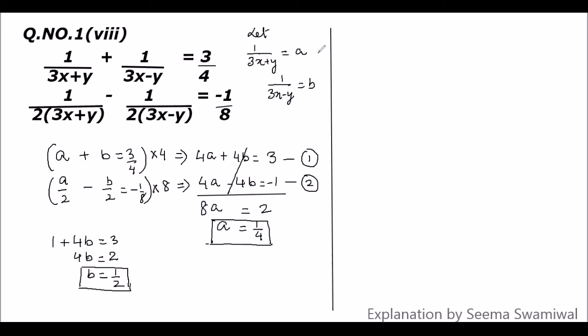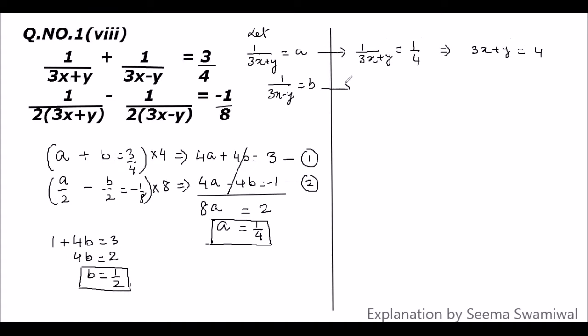So if I put a is equal to 1 by 4, this will become 1 upon 3x plus y is equal to 1 by 4. Cross multiply and you will get that 3x plus y is equal to 4, or take reciprocal both sides.